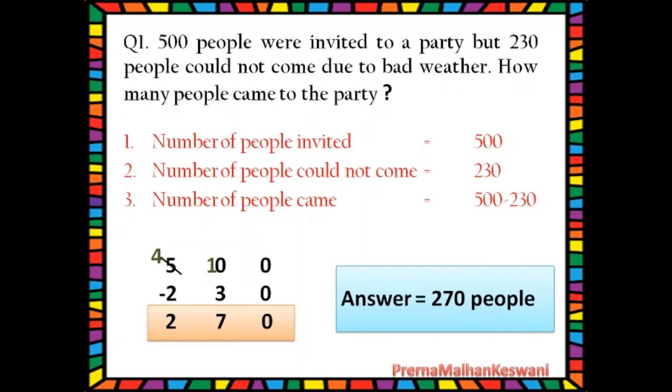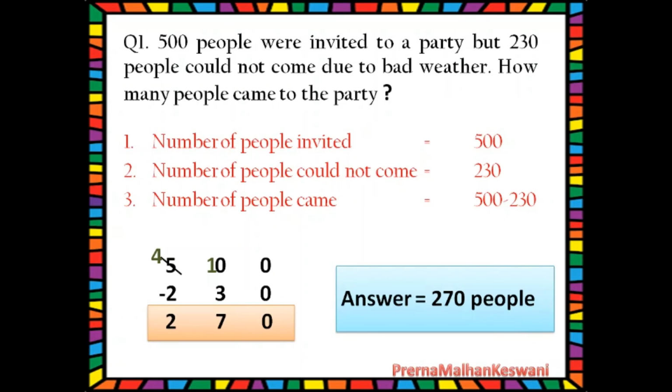So we have to find the solution stepwise. Step number 1, number of people invited, it is 500. Step number 2, number of people could not come will be 230. Everything is given in the question, children. So just observe and write the statements.